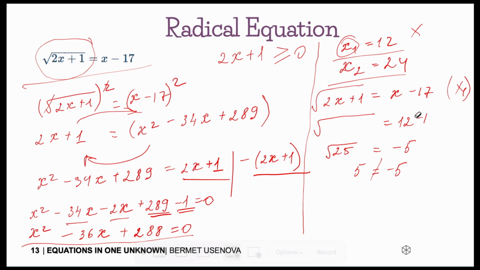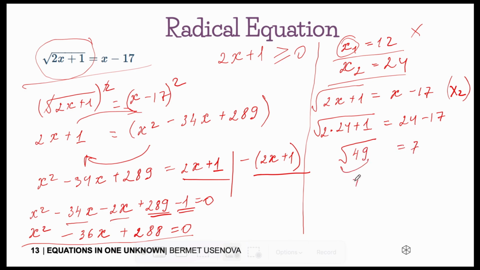So let's check it for x2, which is 24. We get the square root of 2 multiplied by 24 plus 1 equals 24 minus 17. And this will give us the square root of 49, equal to 7. And this side also gives us 7. And hence our solution 24 satisfies the original equation.